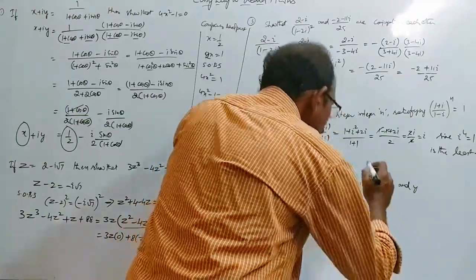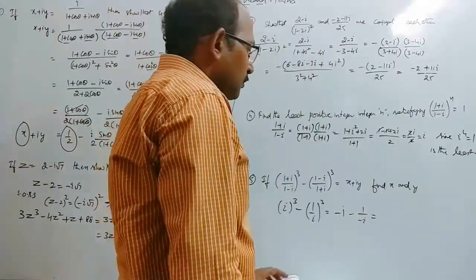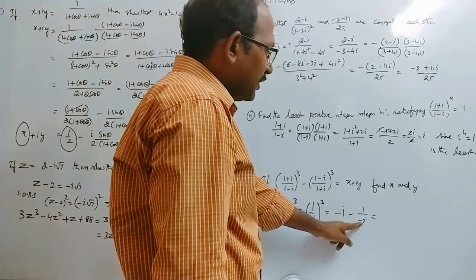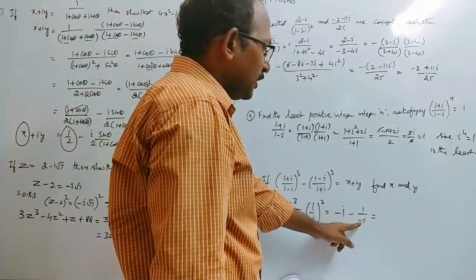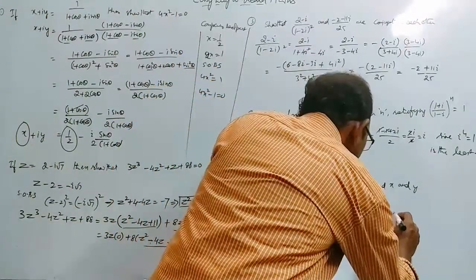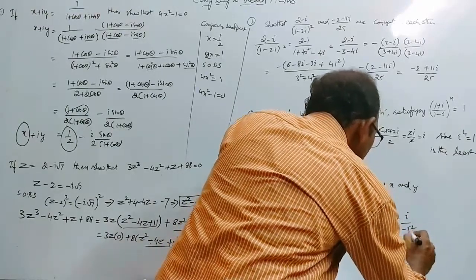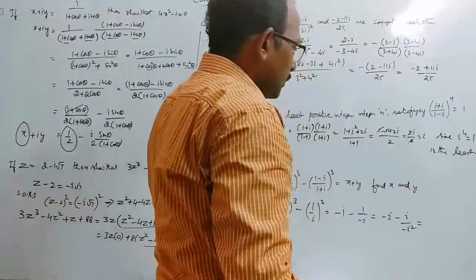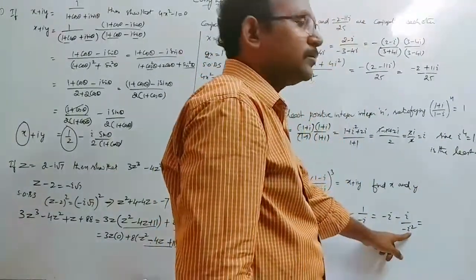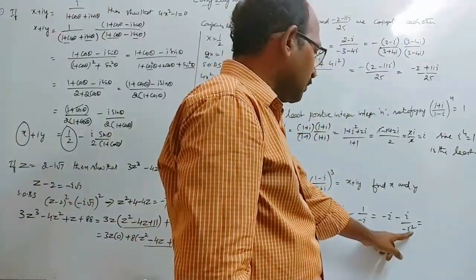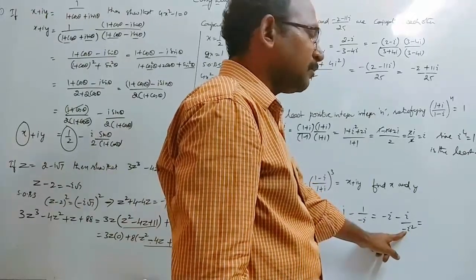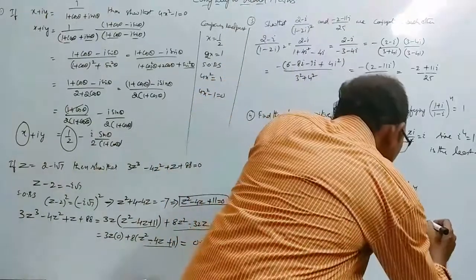Therefore that is equal to, let us multiply with i, both numerator and denominator. Therefore minus i by minus i square. Therefore that is equal to, here i square value is minus 1. Therefore minus into minus it becomes plus. Therefore what is the remaining?